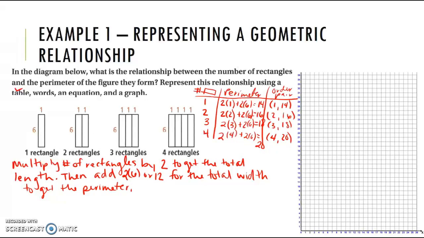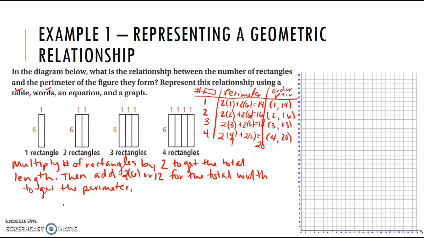So we just talked about what it was we did. We took 2 times, technically, however many rectangles there are, and then we added the 2 times the 6, and that gave us our perimeters. So now that's words, check. Now we're moving on to an equation, and so the equation, the one thing that's changing is that length.